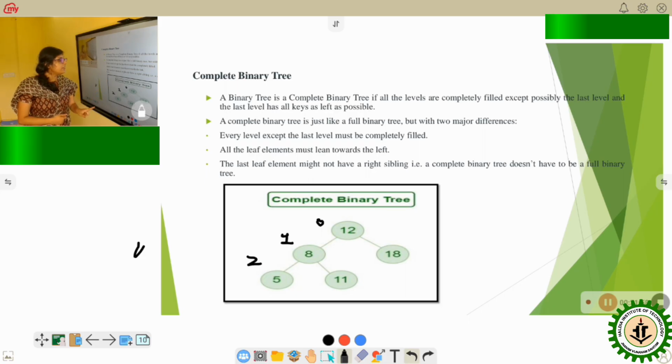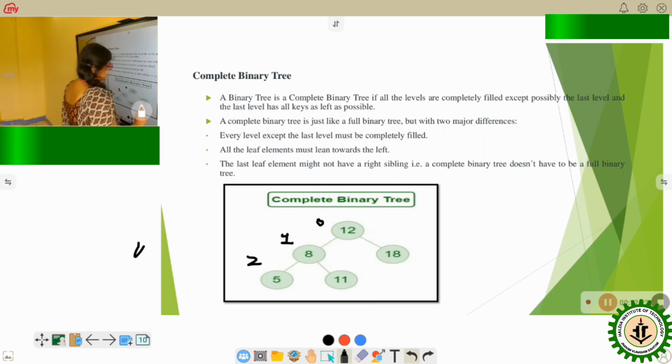All the leaf elements must lean towards the left. See, 8 is the left subchild of the root element 12. So the leaf elements, what are the leaf elements present here? 5 and 11. These are leaned towards the left.